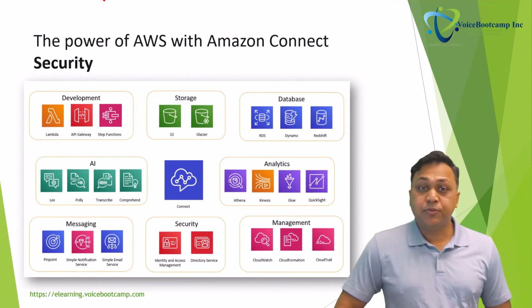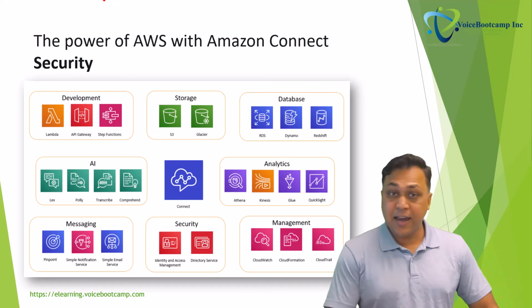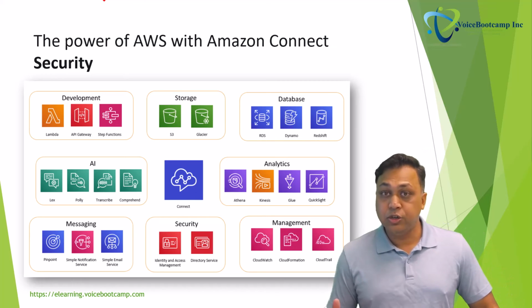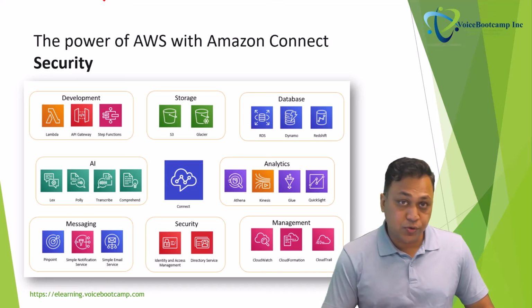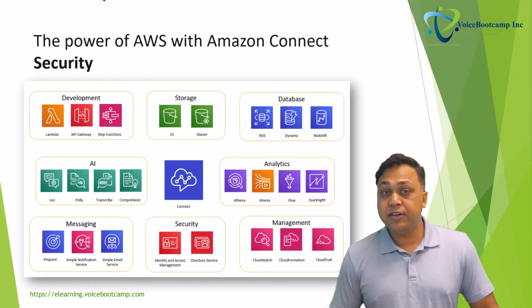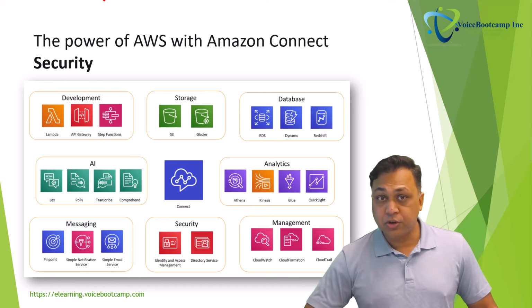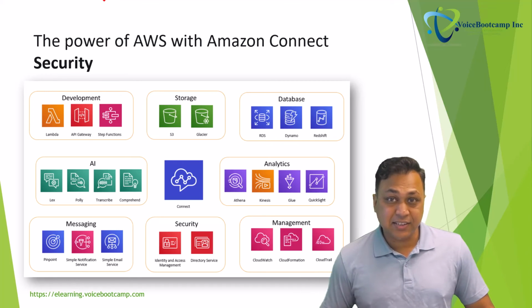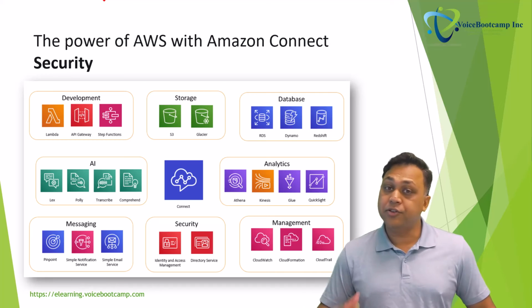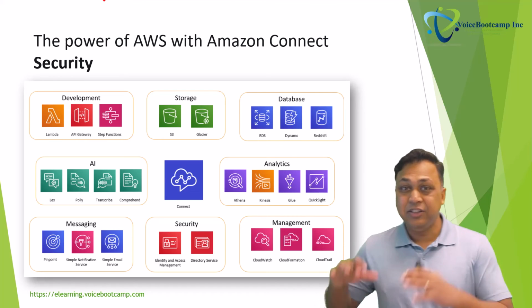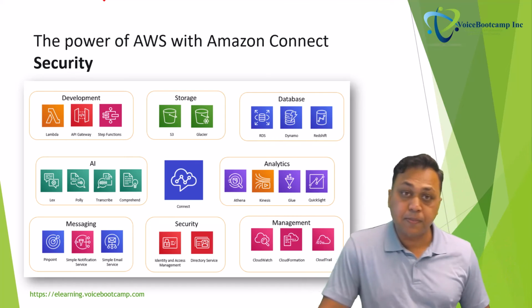Now, from a security perspective, Amazon Connect can use IAM, which is used to manage permissions for your users, and Amazon Connect will require permission for those particular services. Again, we will talk about the security aspect of Amazon Connect later in the course.